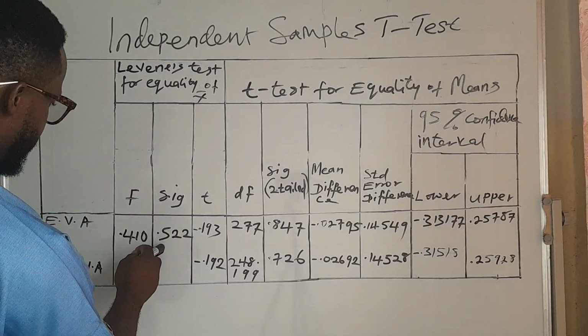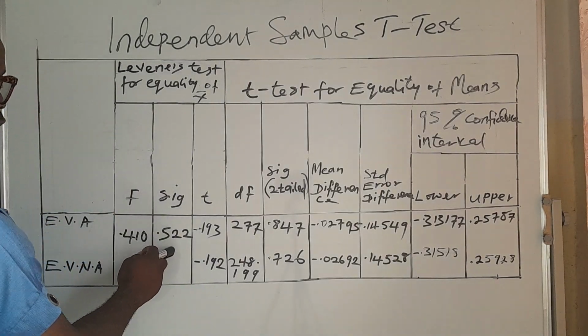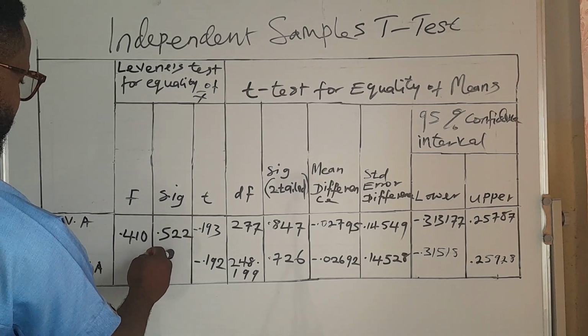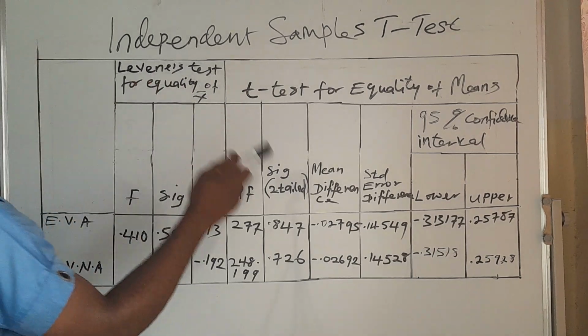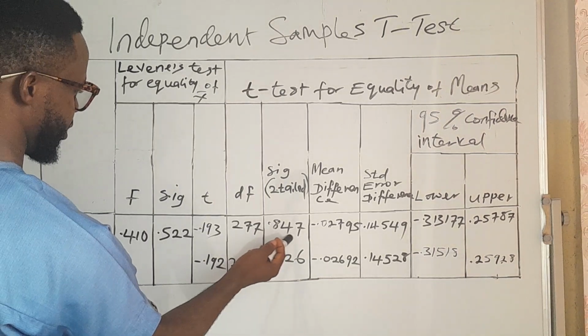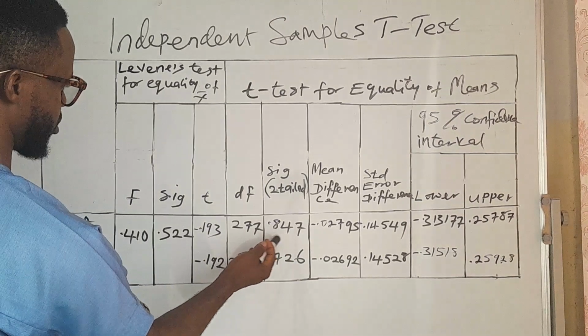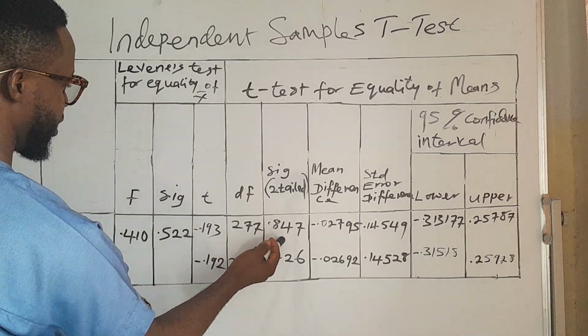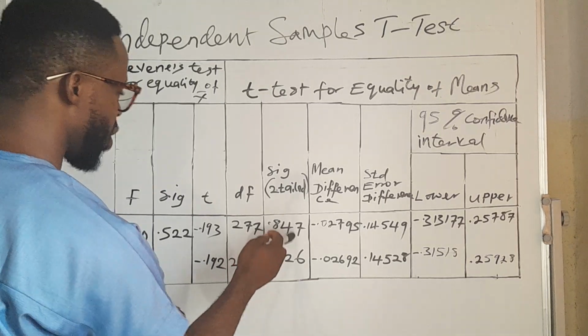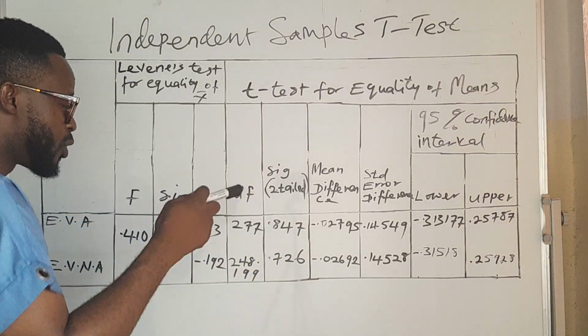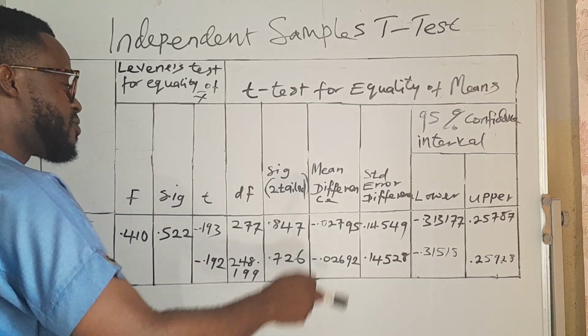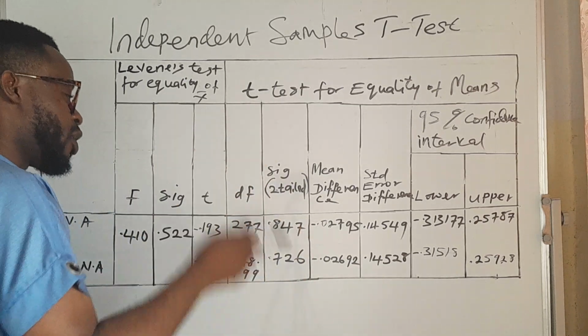If this value here is above 0.05 level of significant difference, that means you have to go to this value here, the first value under the two-tailed column. Then weigh this value with 0.05 to know if this value is above 0.05 or is less than or equal to.